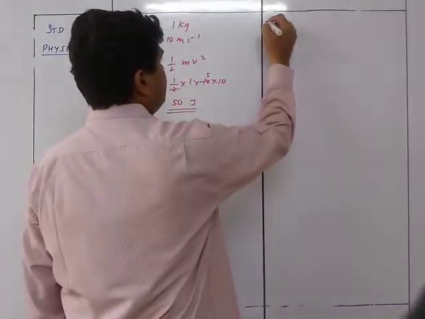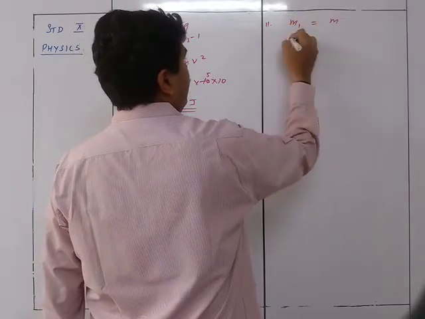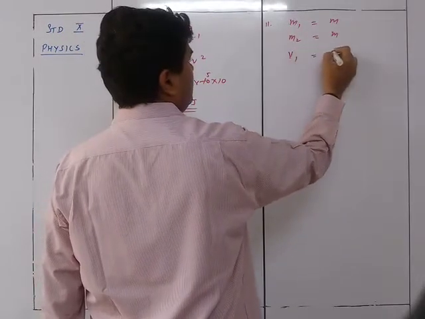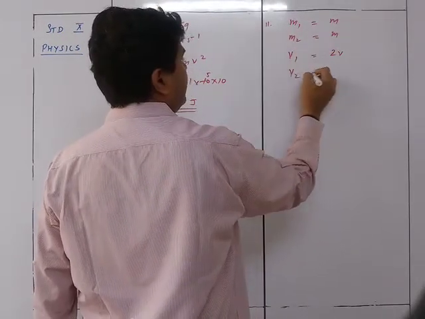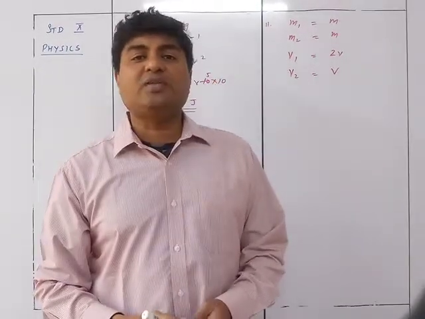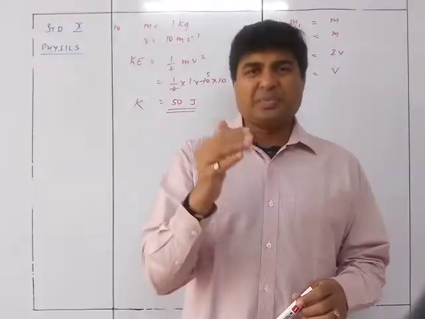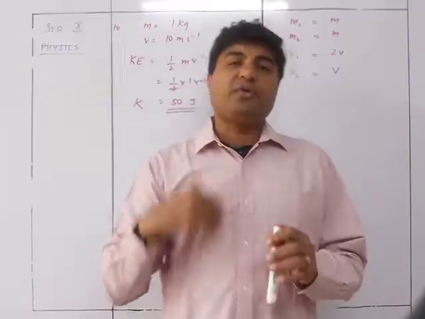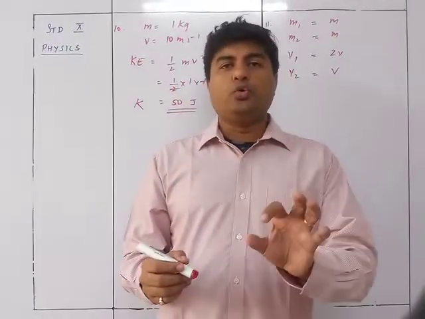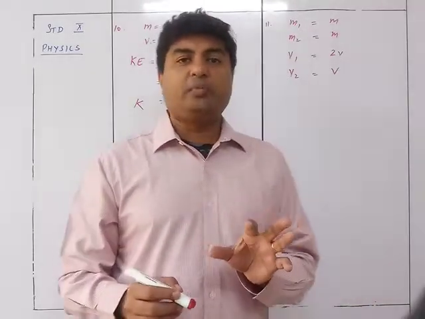For the 11th question, the mass m1 is m, m2 is m, v1 is 2v and v2 is v. Because it is given that it is half, it's better that I take the initial velocity to be 2v, so that half will be v. So I'm not taking any fractions. It is troublesome to work with fractions of fractions, so it is better that you use 2v as the initial velocity and the final velocity to be v.